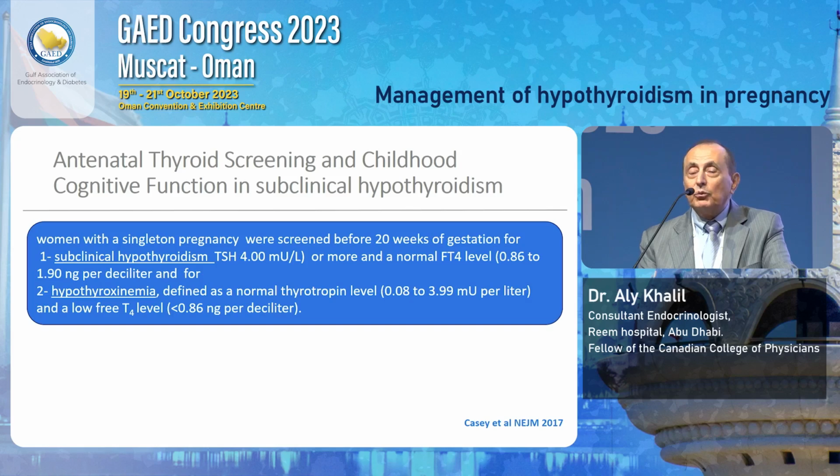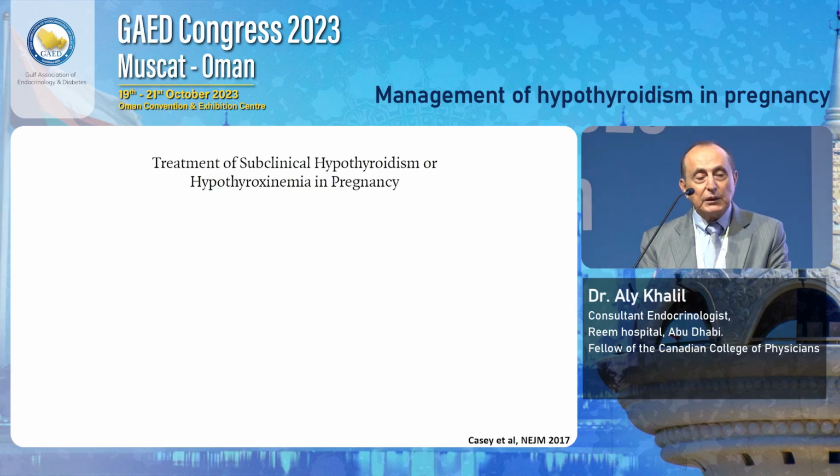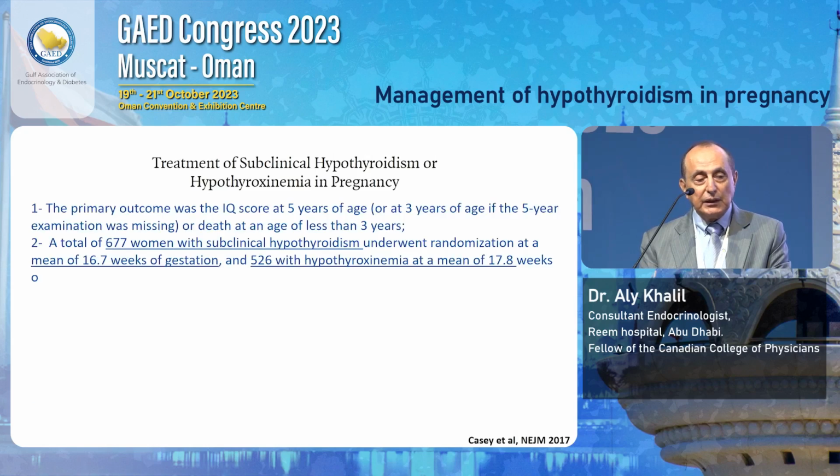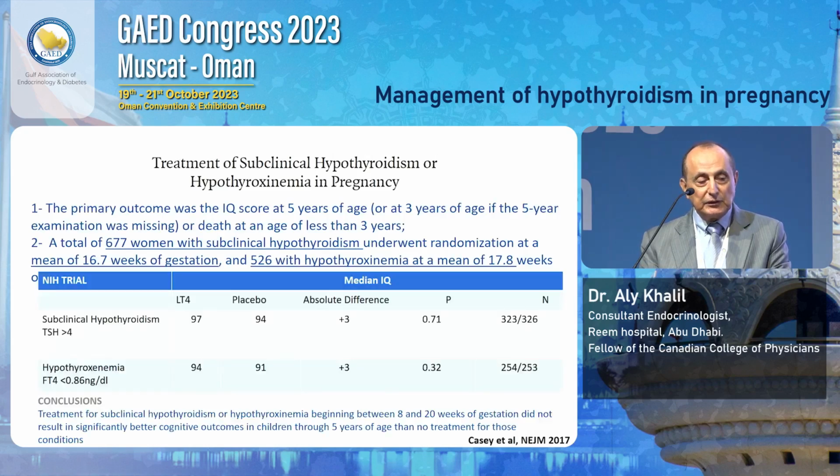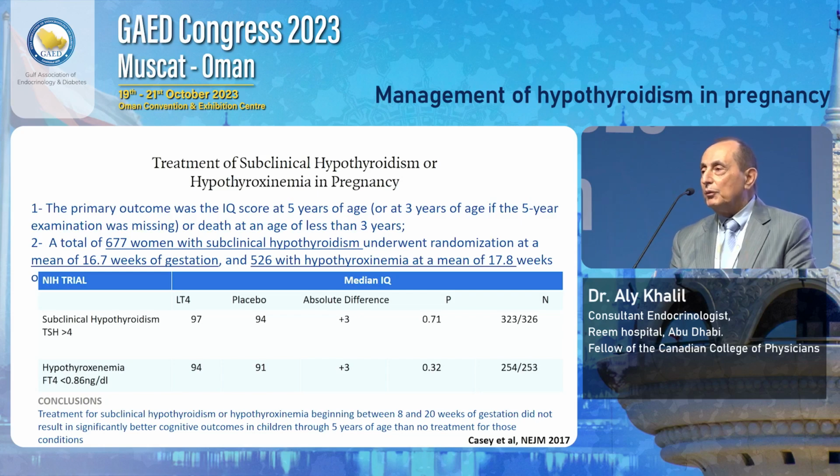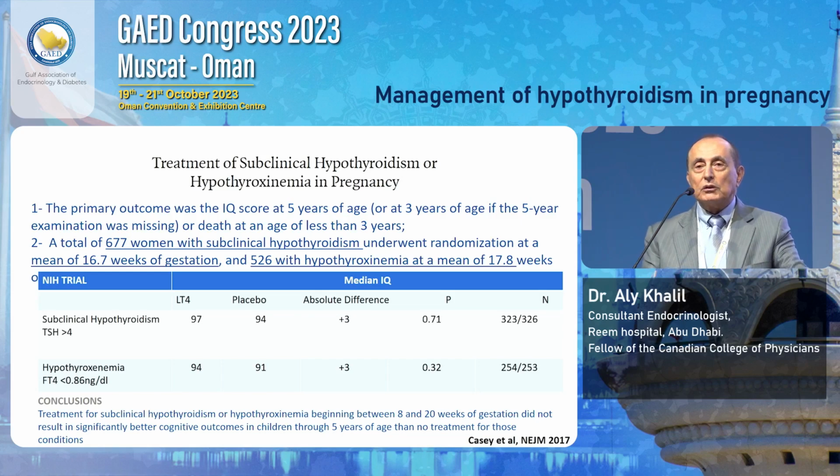And he used a group where TSH was normal, but free T4 was low. As you know, this group has been described as potentially associated also with adverse effects. And again, his results were similar to the Lazarus study, that it basically doesn't seem that intervening with LT4 has any impact on cognitive function. And there was another large study that confirmed the same results.